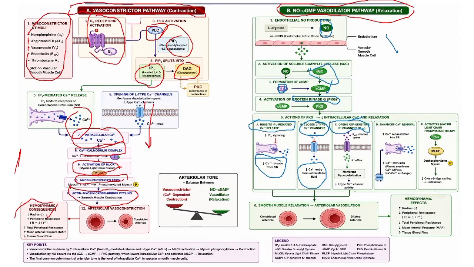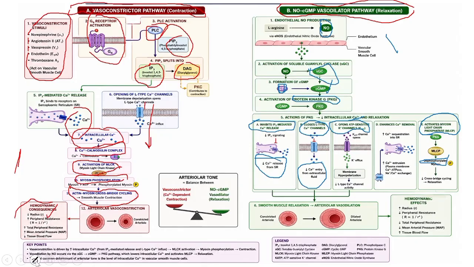So when all this happens, there will be an activation of myosin light chain phosphatase, MLCP, and myosin light chain phosphatase dephosphorylates the myosin. So you have to compare the two.